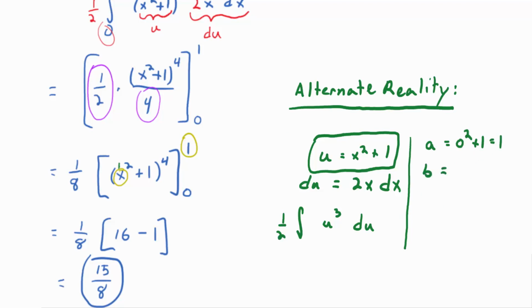And b, if we plug in 1, we get 1 squared plus 1, which is 2. So the limits of integration, if you actually make the substitution, become lower limit 1, upper limit 2. Well, then if you evaluate it, you'll get the same thing, so I'm not going to take the time to do that.